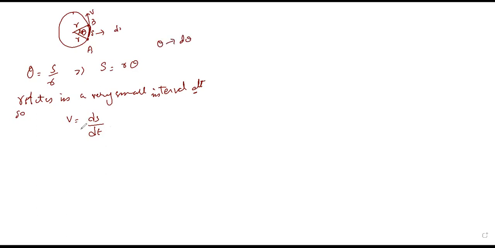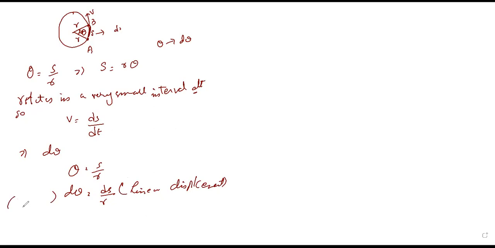So the angle subtended also becomes d theta from theta. As we know that theta is equal to s over r, so d theta is equal to ds over r, where ds is linear displacement and d theta is angular displacement.